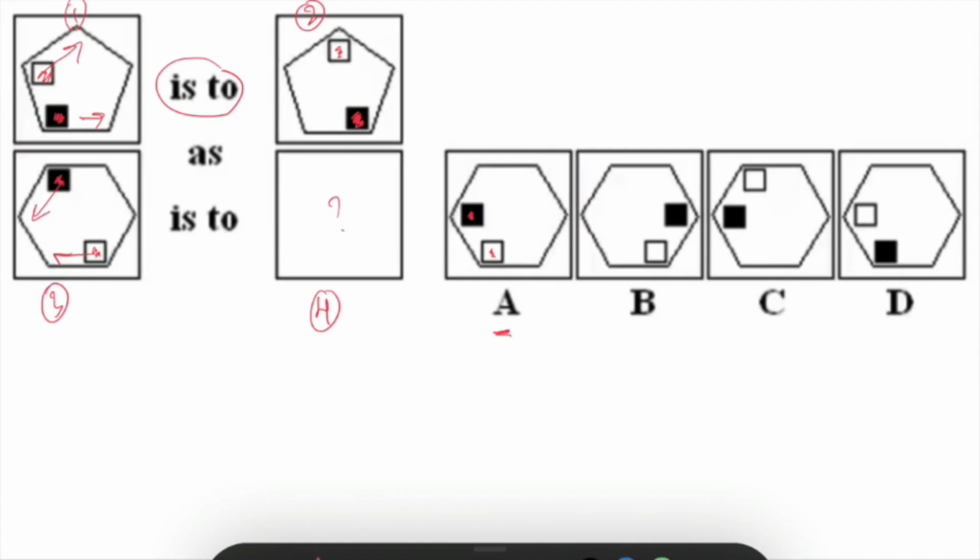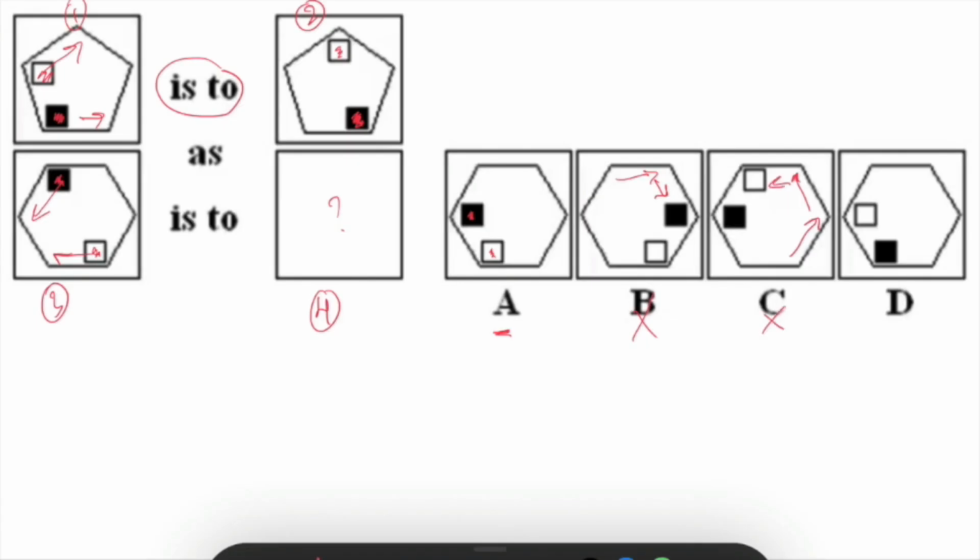In B, the black square moved two movements, and that makes me opt out of choosing B. In C, although the black square moved one movement, the white one moved more than one movement, from here to there, then from here to there, then again.